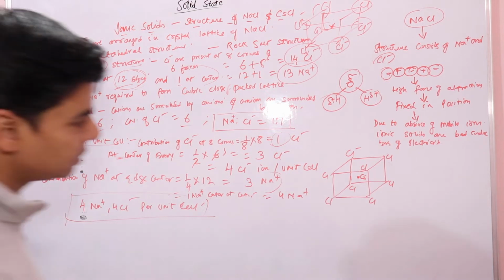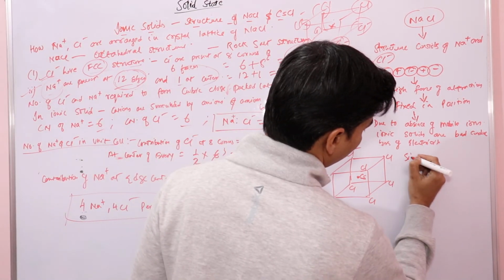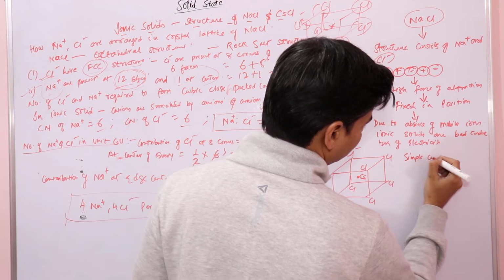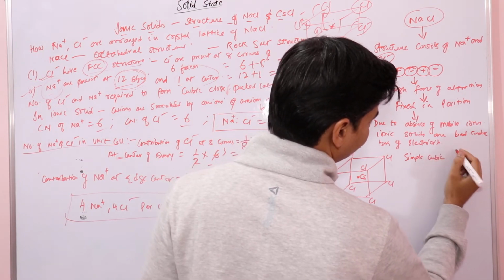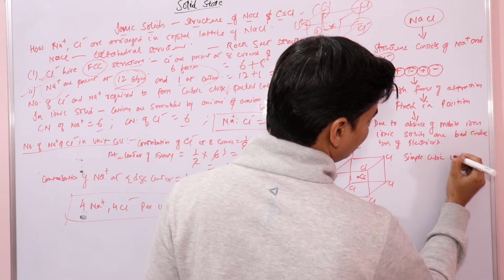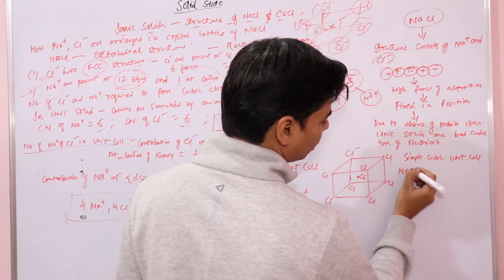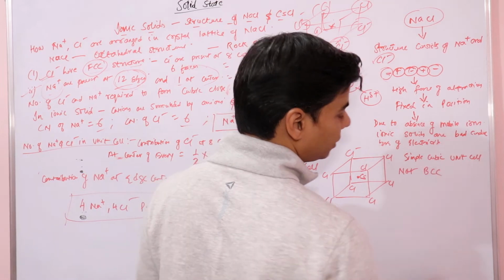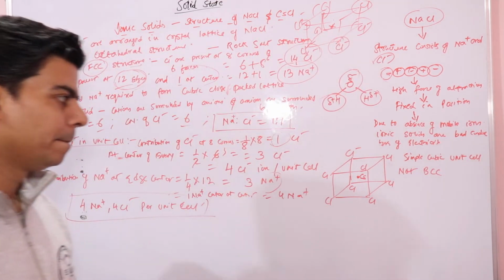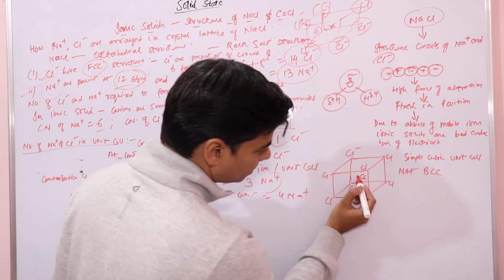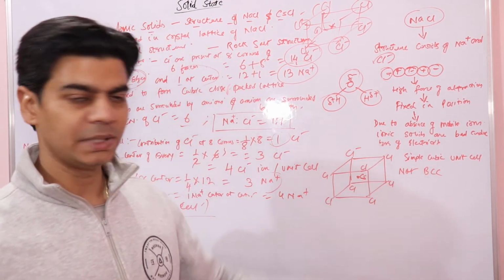So the unit cell of cesium chloride is simple cubic, not BCC. Now you have one particle at the center, then why not BCC?